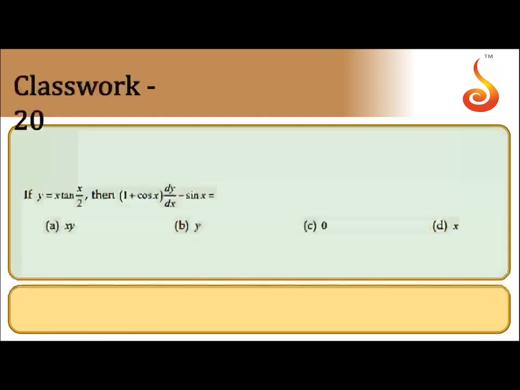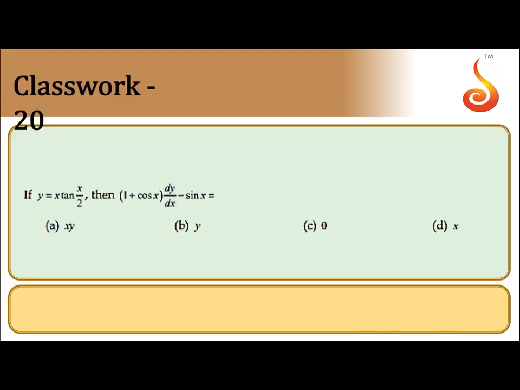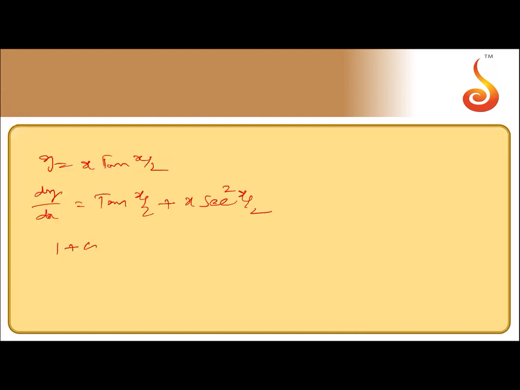Let me calculate the derivative. dy by dx equals tan x by 2 plus x multiplied by secant square x by 2, and you are asked to calculate the value of 1 plus cos x into dy by dx minus sin x.